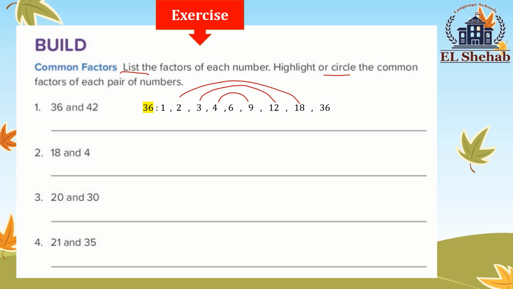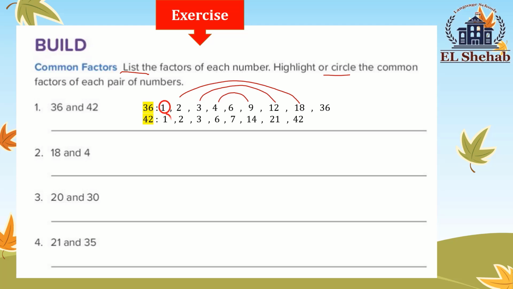And now the factors of 42 are 1 and 42, 2 times 21, 3 times 14, 6 times 7. What are the common factors here? Let's circle them together.